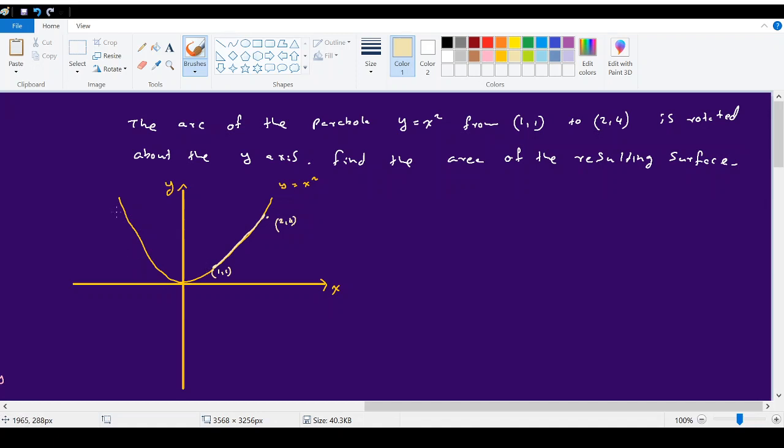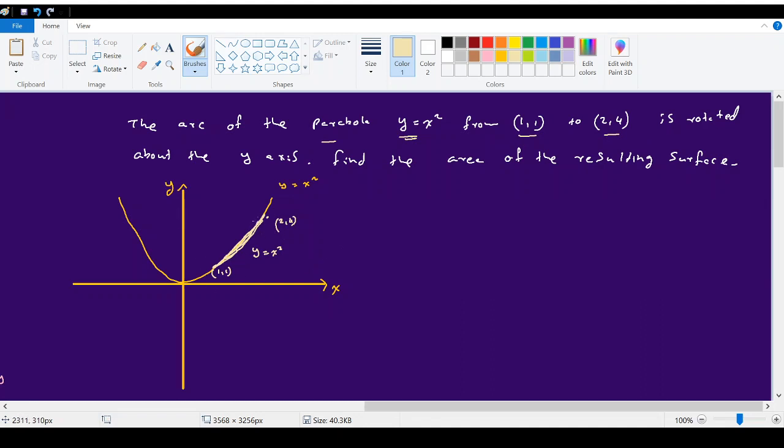We really don't need the rest of this parabola. And even within this arc, we still have this relationship. That's the only important detail you can get from this sentence, and the starting point is (1, 1), the end point is (2, 4).